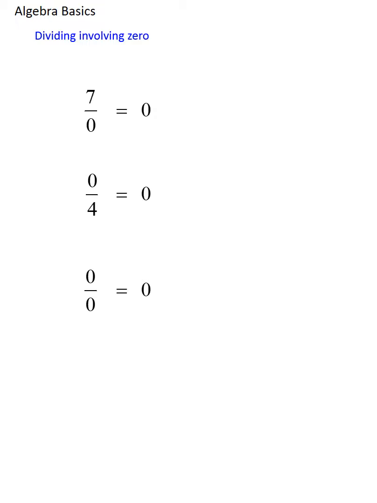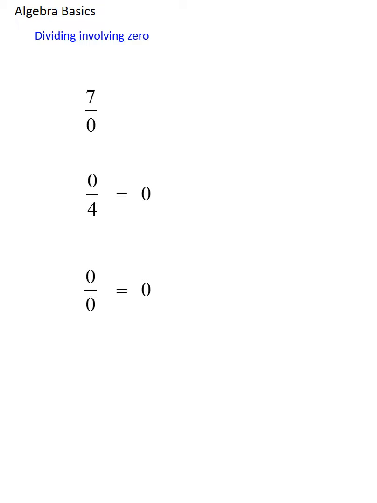Well, it turns out not to be very logical, and here's why. Following that same pattern, let's look at the first one. If that were to be the case, then 0 times 0 would have to be 7. But of course that's not true. And so it was decided that a non-zero divided by a 0 shouldn't be 0. So what is it? We'll get to that later.